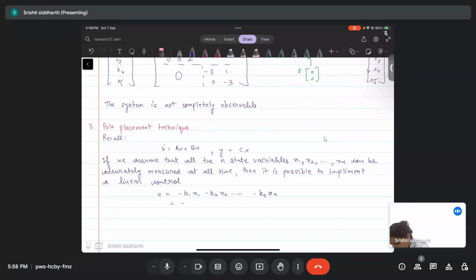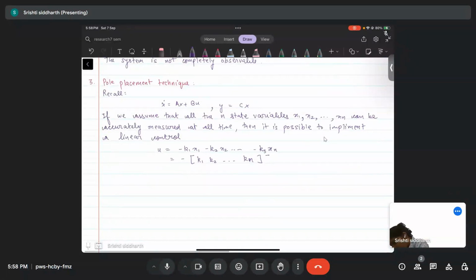So this can be written as this row vector times the state. So you have minus K times x. So K is a row vector of size 1 by n, where the k's are scalars or real numbers.